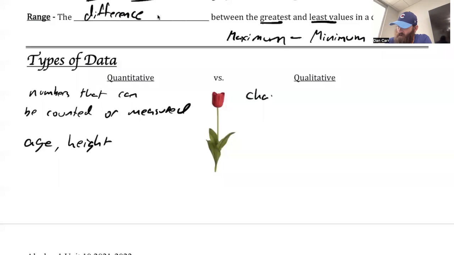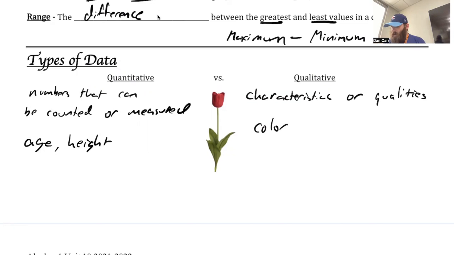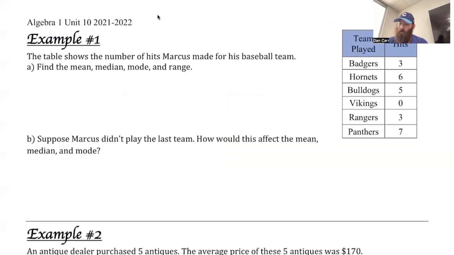Qualitative has to deal with characteristics, or things that have certain qualities. That's why it's qualitative. So maybe you're analyzing the color of certain things, or you're analyzing personal views of things. That's qualitative. So for our purposes, we're going to mostly focus on quantitative data.